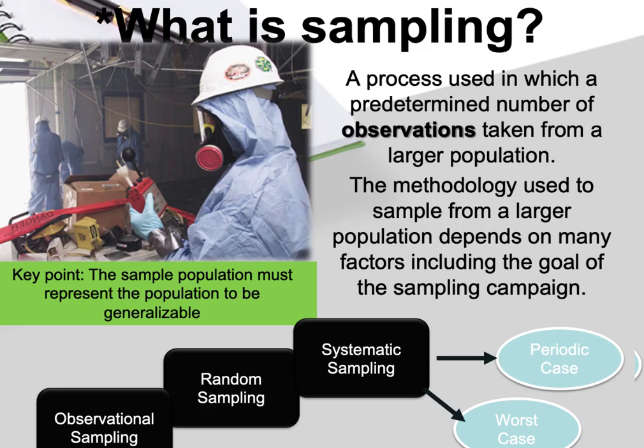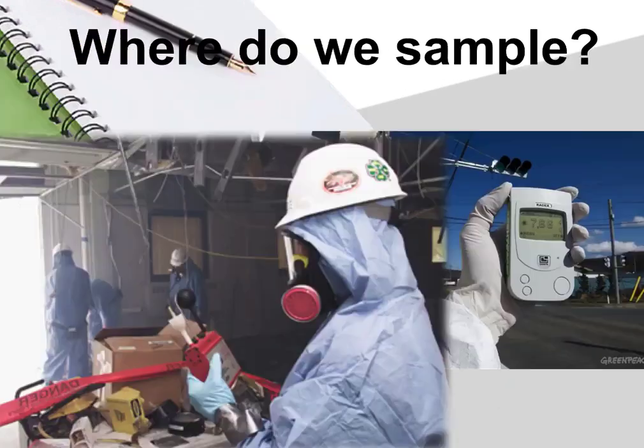So different ways in which we choose our sampling population can be randomly or systematically. And always this observation sampling is going on when we're doing different types of occupational or environmental monitoring.